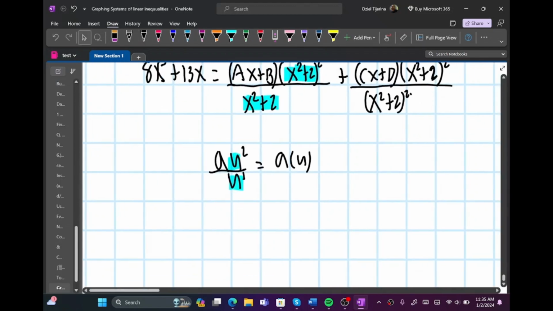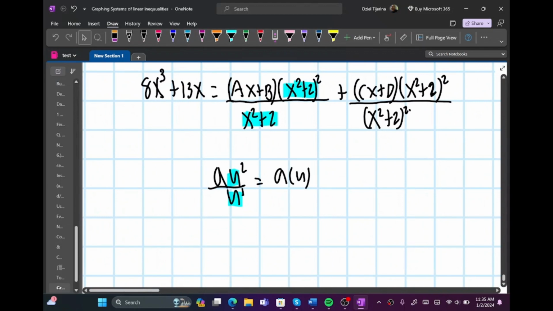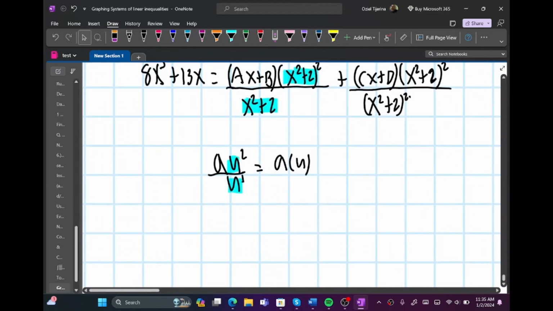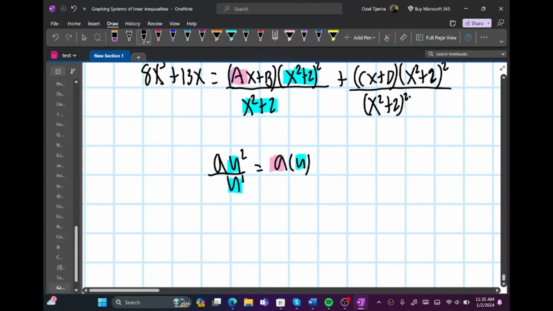So just reiterating that. Now, that means that if I'm going to let u equal x squared plus 2, and a is ax plus b, right? I know I'm being very specific here, but I just want to show y'all what I'm doing. Oh, and I'm sorry.